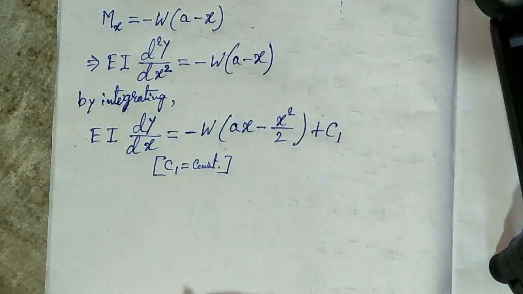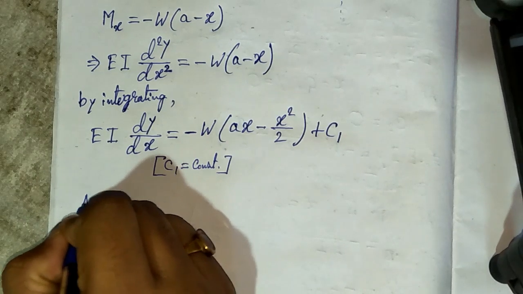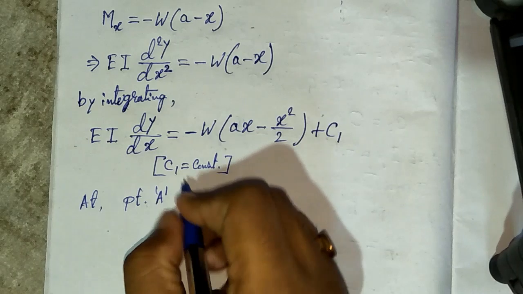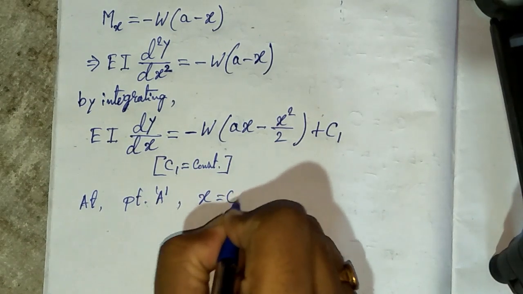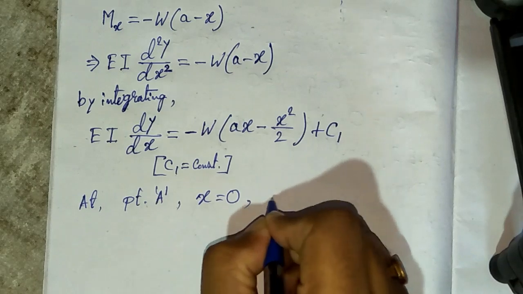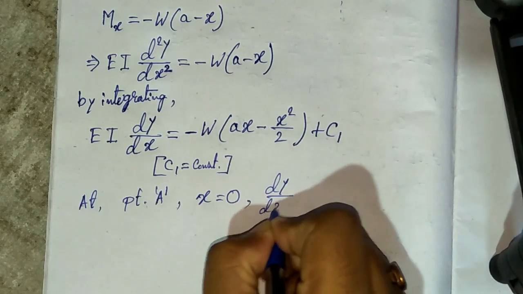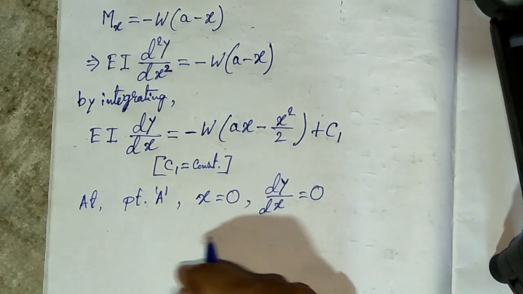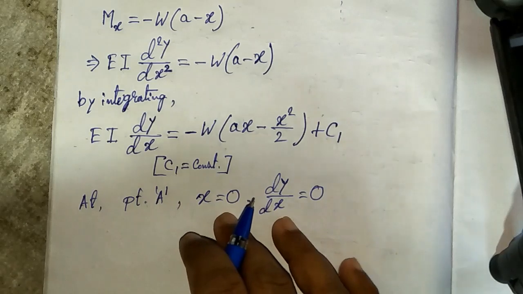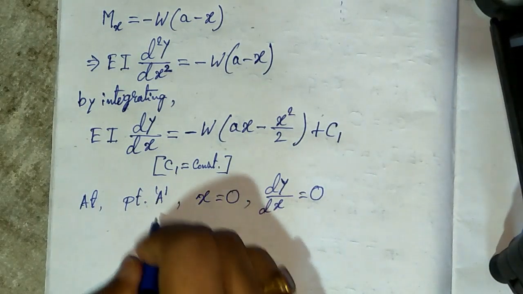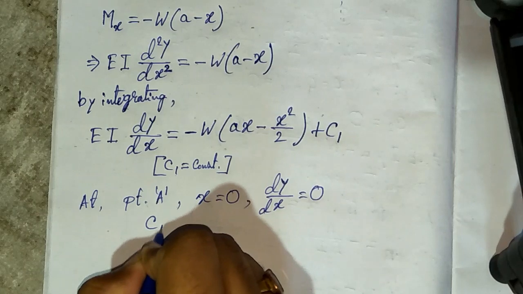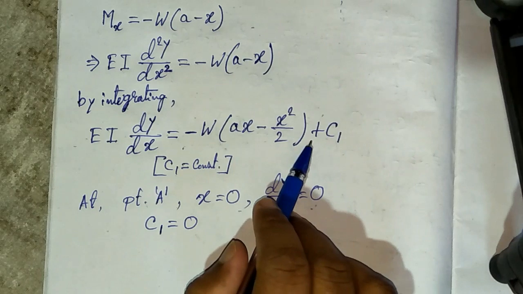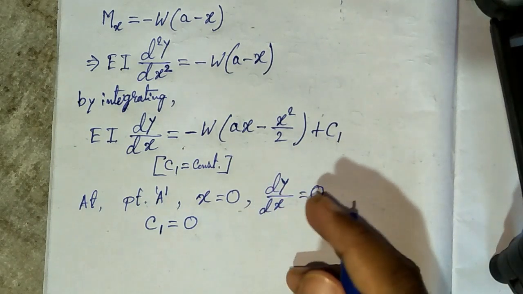Now at the fixed end, that means at point A, we can write x value is 0 and the slope dy by dx is also 0. By applying these two boundary conditions, we find the value of C1 is 0.